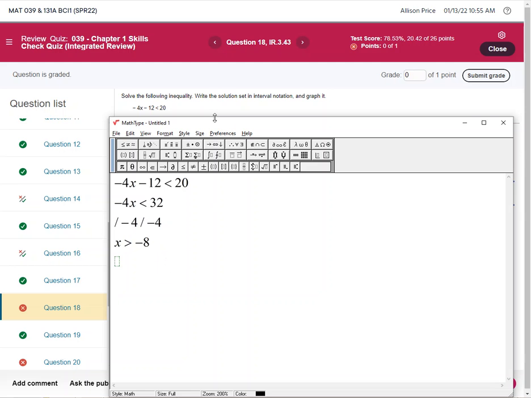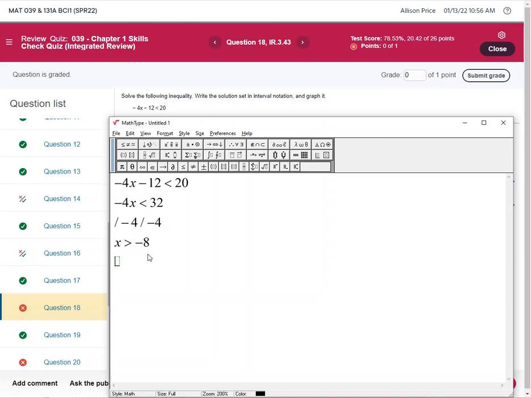Now, this question would like us to express this inequality in interval notation. We talked about intervals a little bit already in terms of our domain and range. We're going to talk more about these in section 1.5, so if we're not there yet, don't worry about it. For right now, in my solution, x is going to be larger than negative 8.